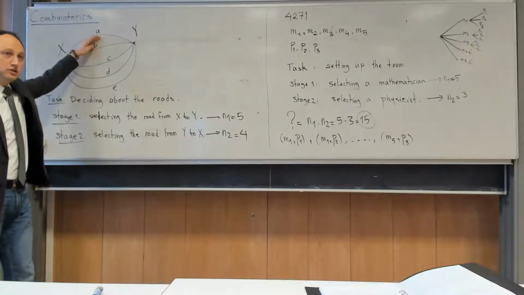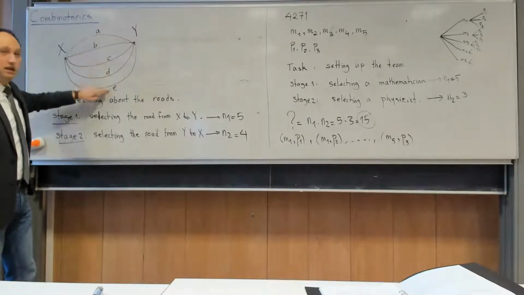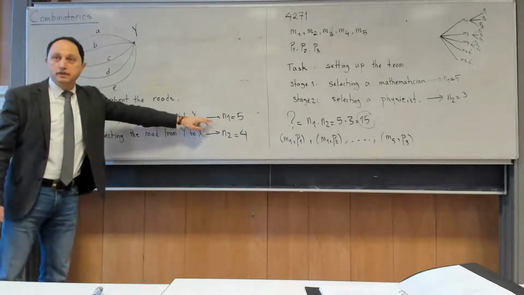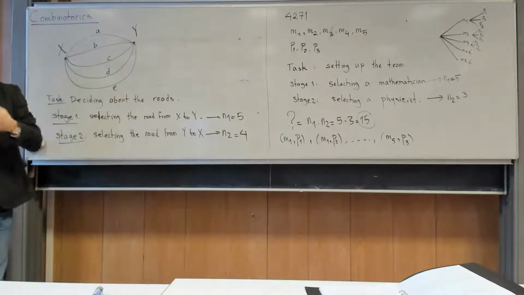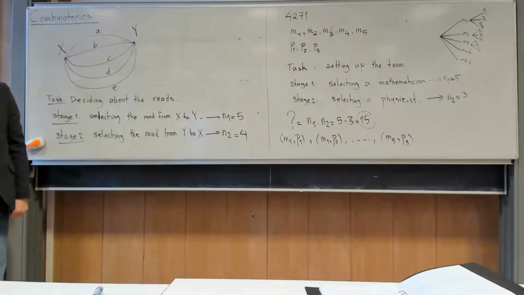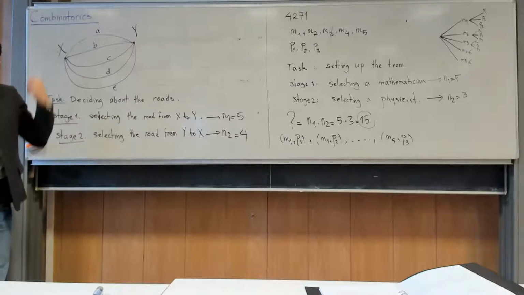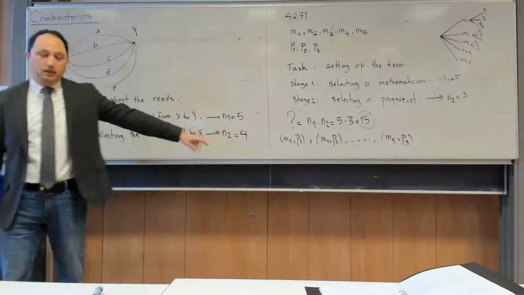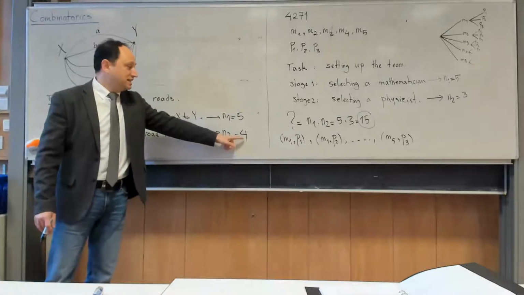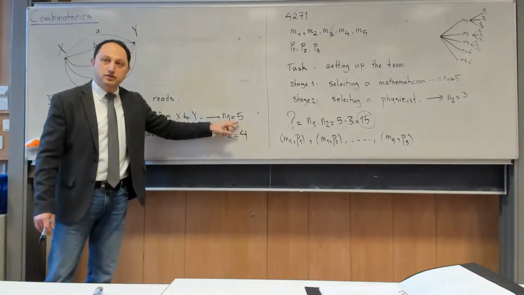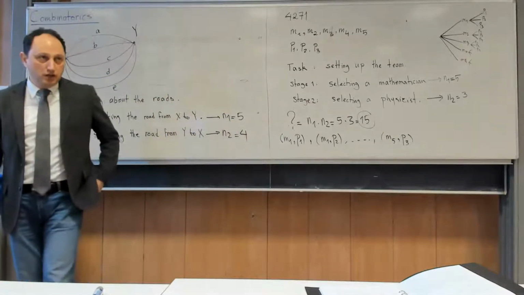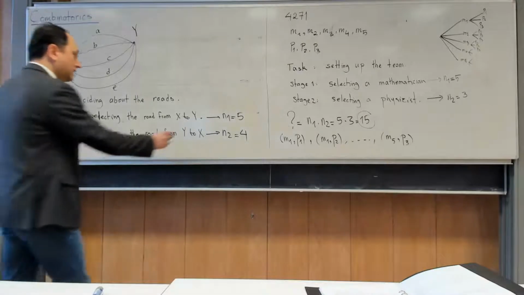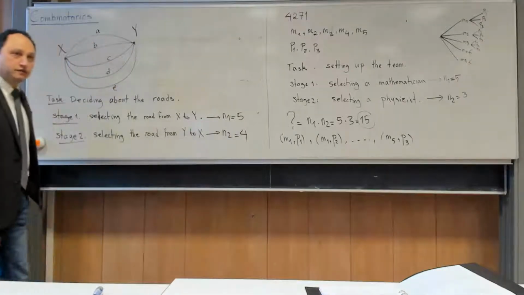Those options are B, C, D, and E. But if I choose B in the first stage, how many options are available for me again? 4, but of course these are different. I don't care. I care about this number. If this number is independent of how I have done the first stage, it means that you are on the safe side and the product rule is applicable. Is that understandable? So I can safely write 4 here.